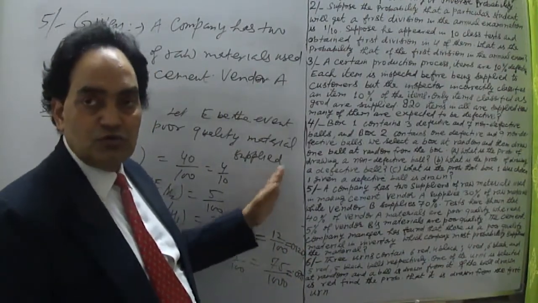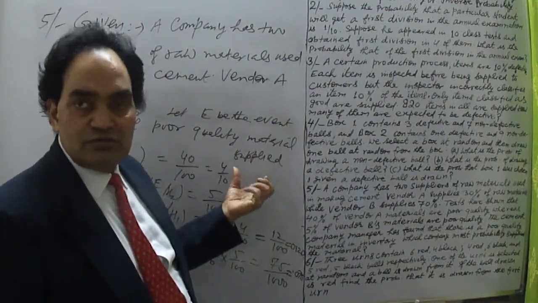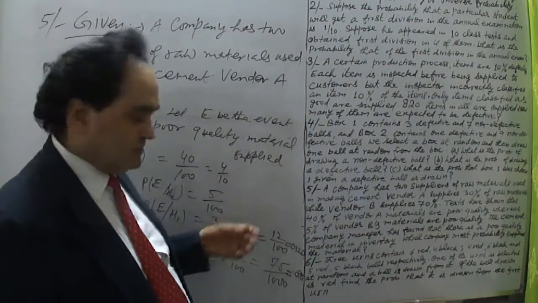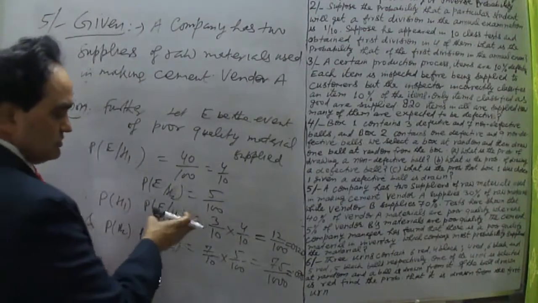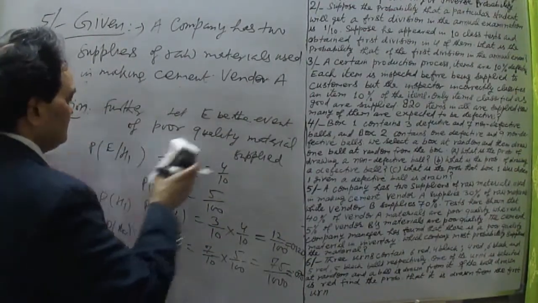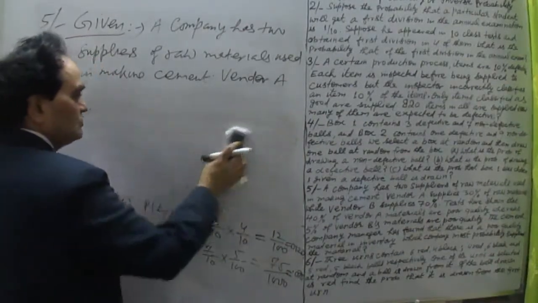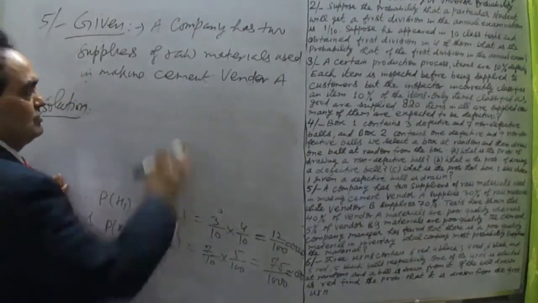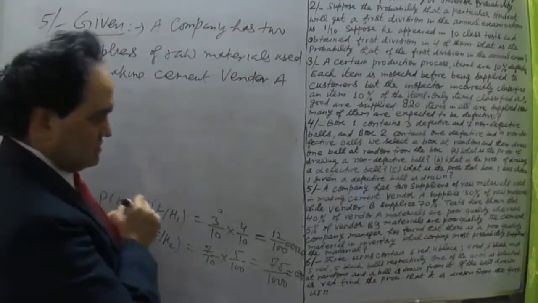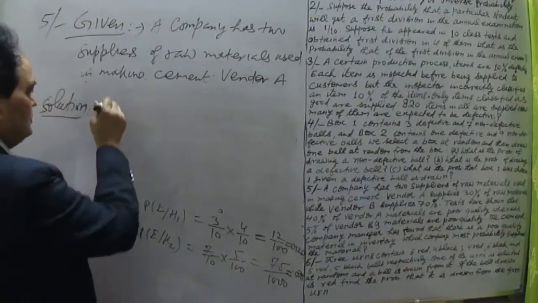0.120 is more quantity, which is bad quantity. So the percentage of bad quantity supplied by vendor A is higher. Vendor A is supplying more poor quality material. This way we can compare them, and we have just compared the poor quality material. So which company, it says here?